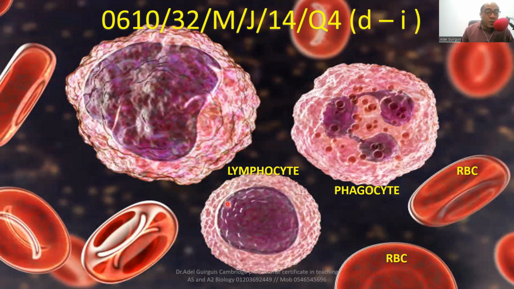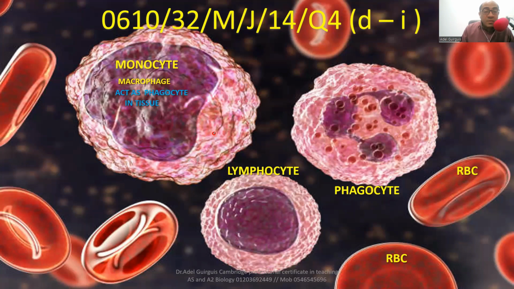The lymphocyte is the smallest one, more or less the size of a red blood cell, with a large round nucleus. It produces antibodies through protein synthesis in its cytoplasm.